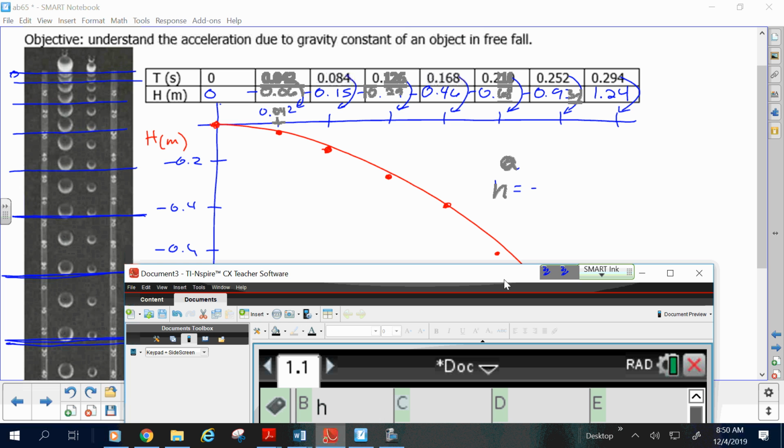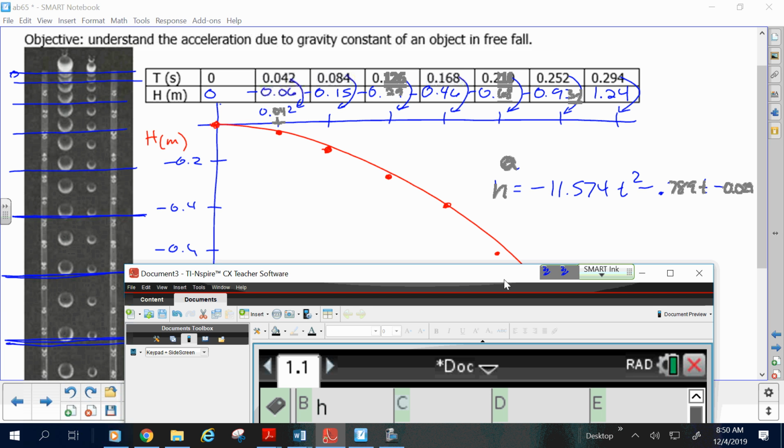Negative 11.574 t squared. What else after that? Minus 0.789 t minus 0.0029. Okay. Now, that's obviously going to be a little off because we have measurement error.